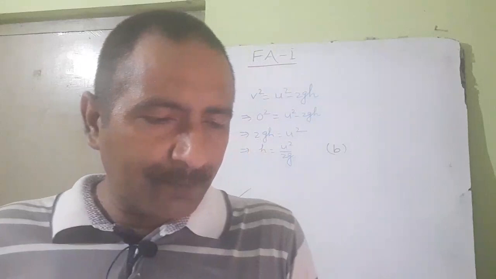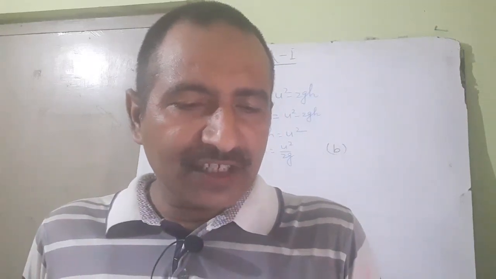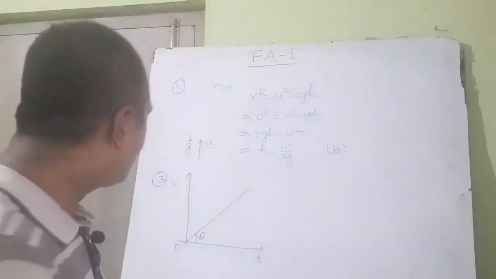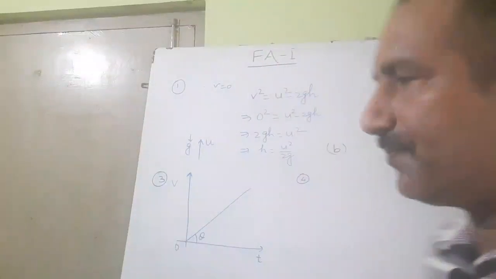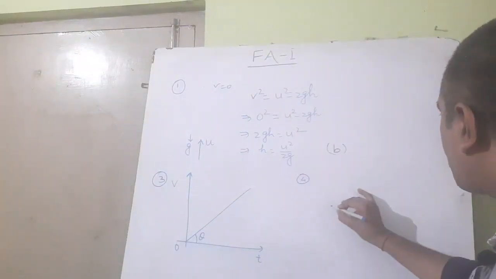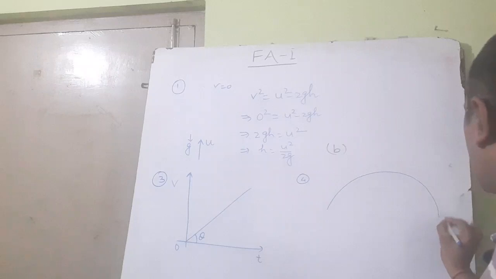Now question number 4, a body covered a distance of 6 meters along a semicircular path. The ratio of distance to displacement is, means in question number 4 you have a semicircular path. You see this is the semicircular path.